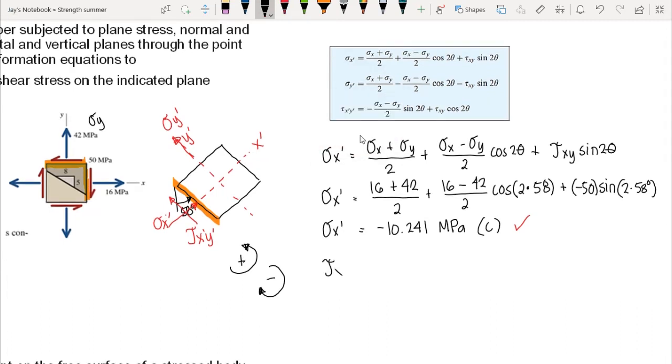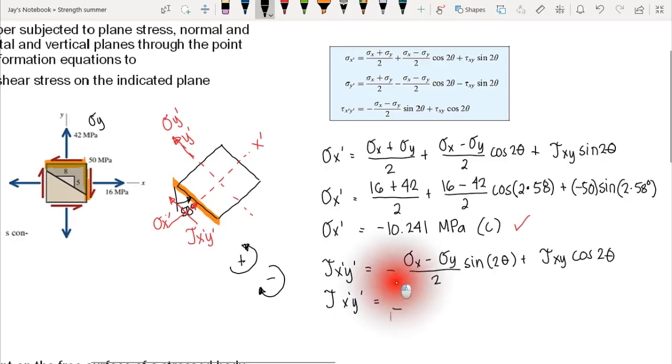The shear stress x prime y prime is equal to negative the normal stress x minus normal stress y over 2 sine of 2 times theta plus the shear stress xy cosine of 2 theta. So this is the transformed shear stress. So we have to substitute all the values. That is negative. Now take note, our negative here is the entire fraction.